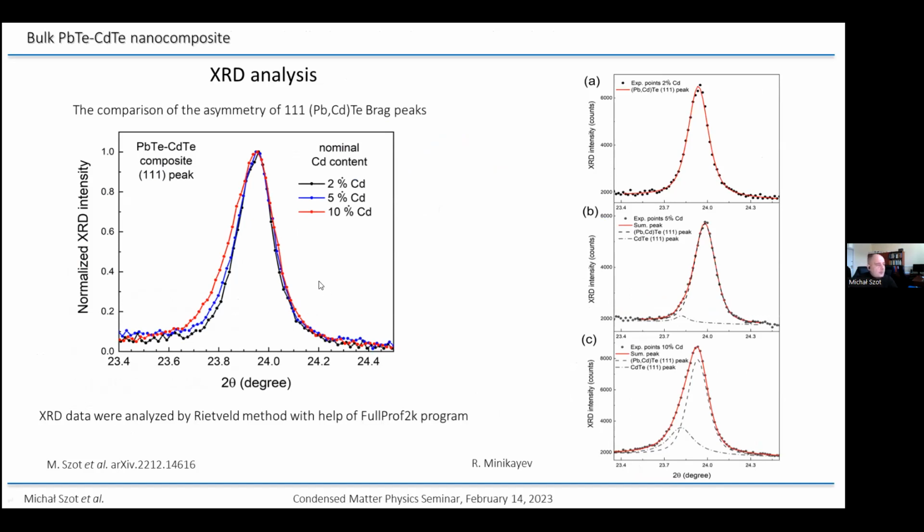Moreover, if you look more carefully at the X-ray data, we see that high index Bragg peaks exhibit asymmetry, which increases with increasing cadmium content, and can be described properly if we take into account the presence of an additional cadmium telluride phase in our samples. So we can conclude that cadmium telluride is present, especially in the samples with higher content, in the form of cadmium telluride precipitations.